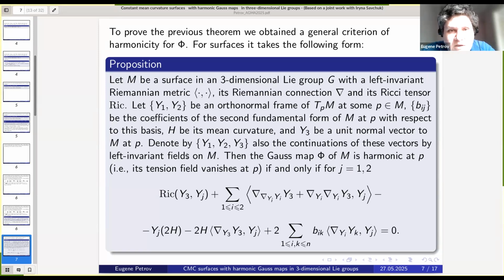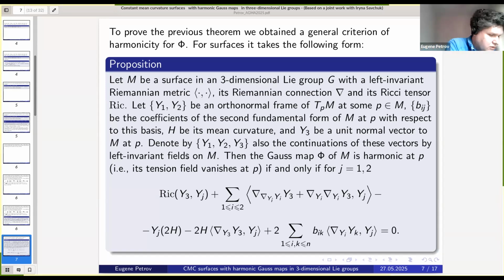At some point P of M, let's consider an orthonormal frame y1, y2 of the tangent plane, with the usual notations for the second fundamental form and the mean curvature. Y3 is a unit normal vector at this point, and we can continue these three vectors by left invariant fields.